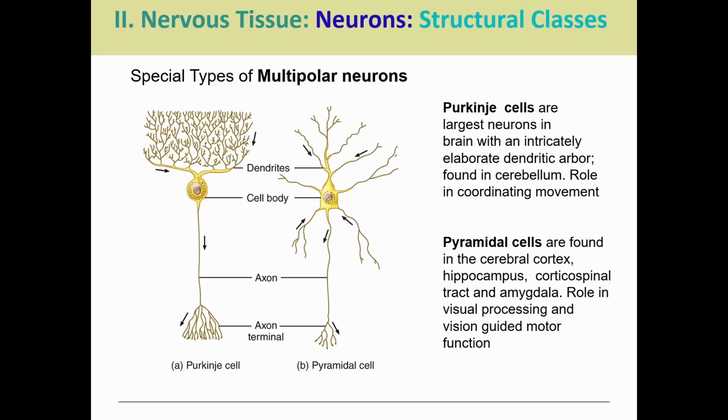And then the pyramidal cell, in the cerebral cortex, your hippocampus, your amygdala, and whatnot. This is for visual processing and motor function. We have almost a triangle-like appearance in the flat two-dimensional picture, the dendrites extending off every which way, and then the one axon coming down.